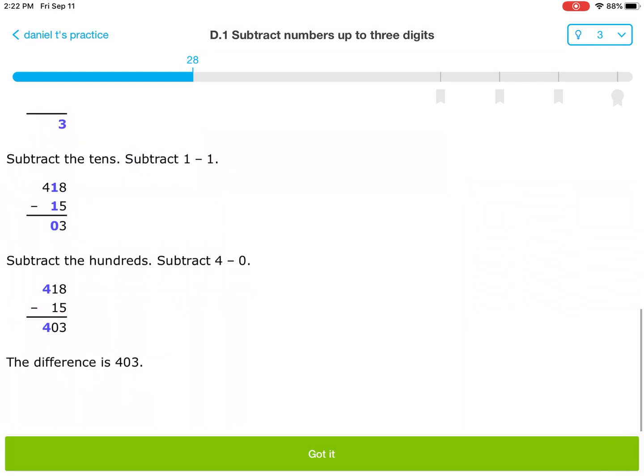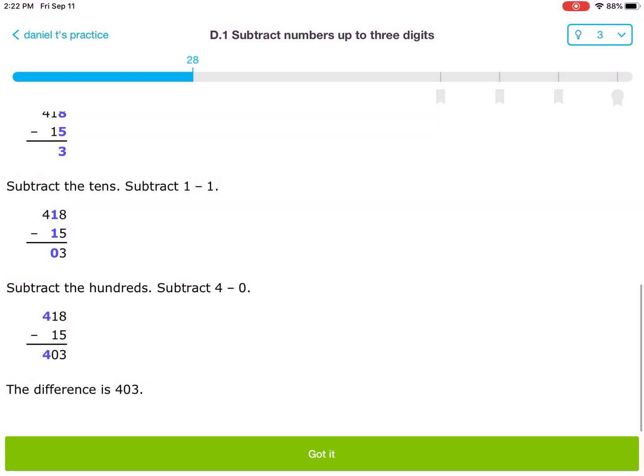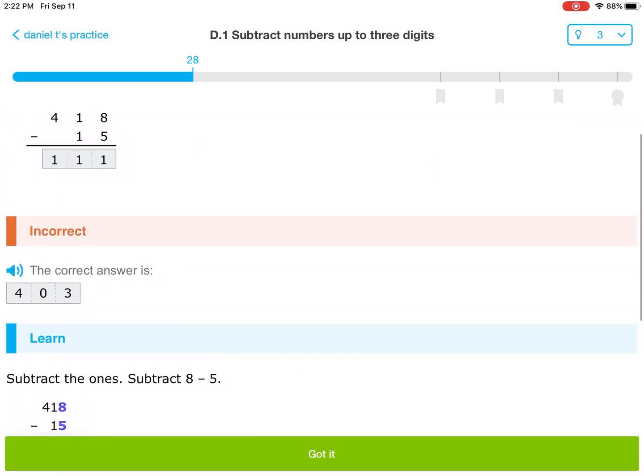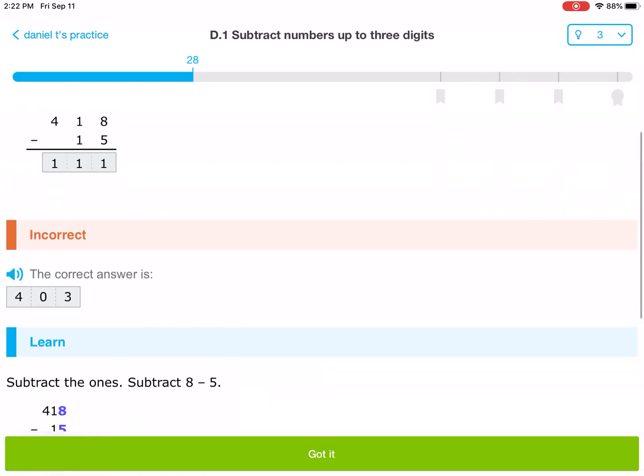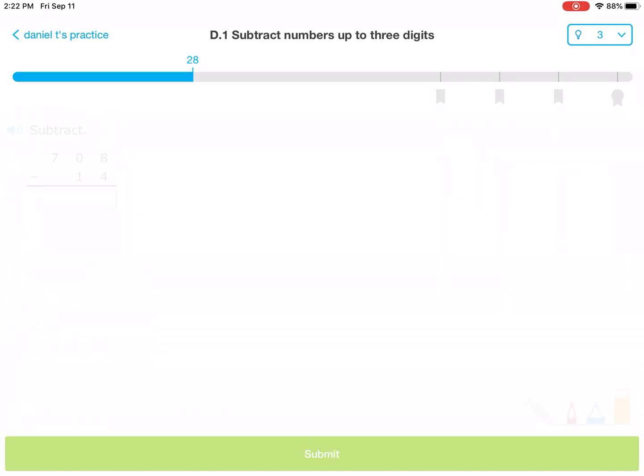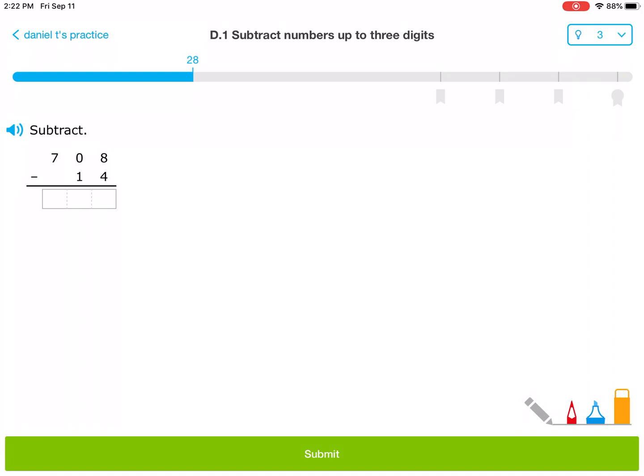So you're supposed to make mistakes on IXL. And if you make a mistake, I want you to read through the correct answer and all of what you can do. And then click Got It, and they'll give you a new problem. And here's another one that I'm going to have you do for practice.